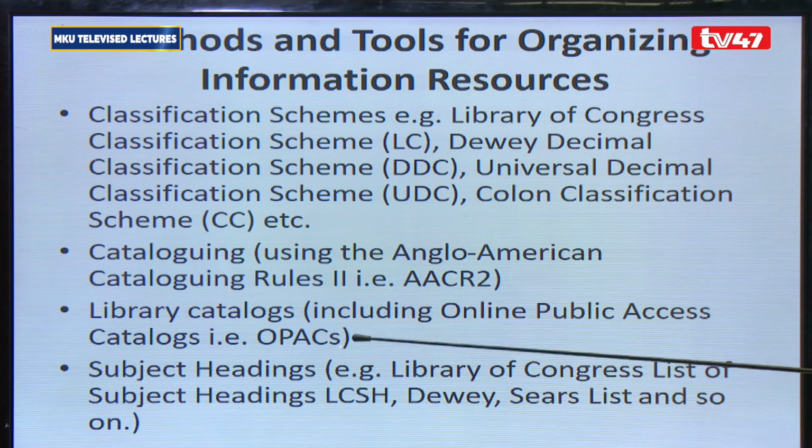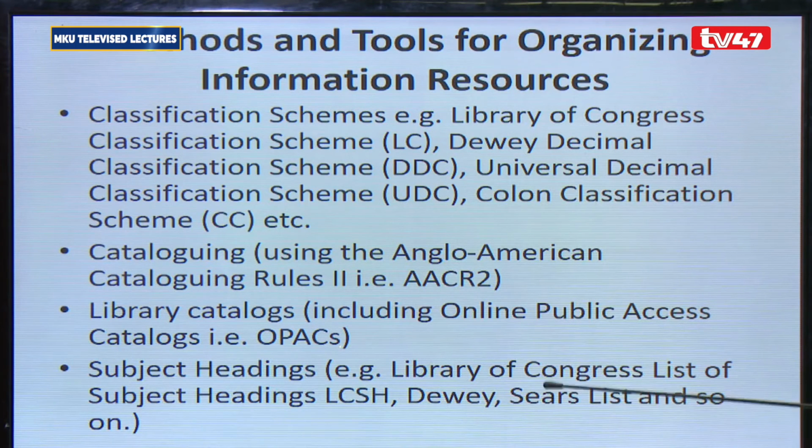They are abbreviated as OPACs. Then we have subject heading lists, for example, the Library of Congress list of subject headings, which is LCSH, and Dewey. We also have the Sears list of subject headings, and so on.